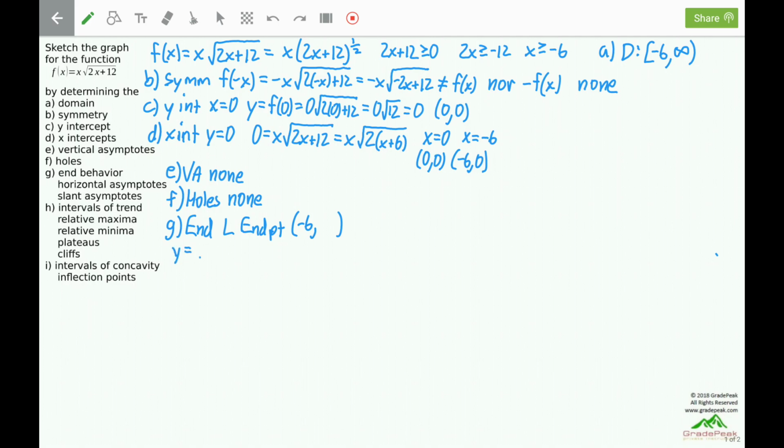So y equals f of negative 6, which is negative 6 times the square root of 2 times negative 6 plus 12, which is negative 6 times the square root of negative 12 plus 12, which is negative 6 times the square root of 0. The square root of 0 is 0, times the negative 6 will be 0. So we have a corresponding y-coordinate of 0. So there's the left endpoint.